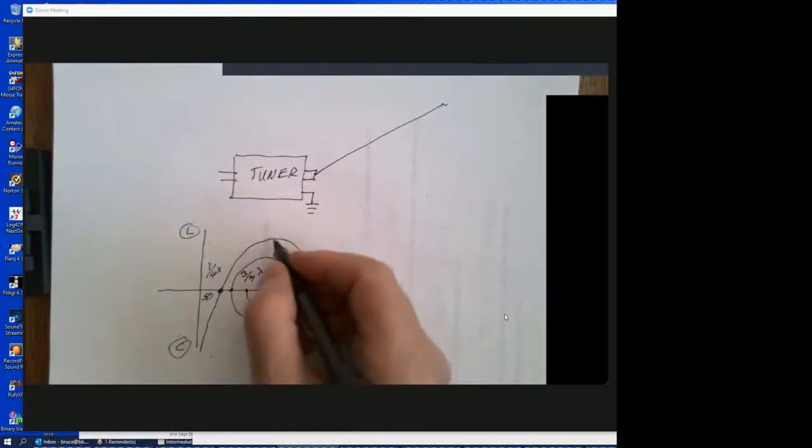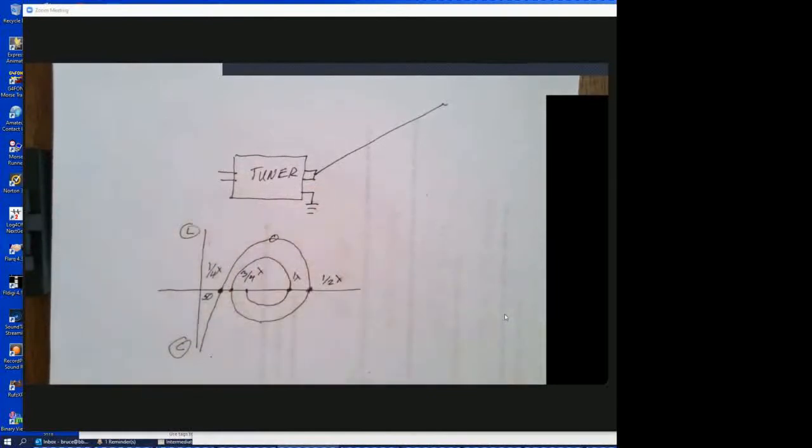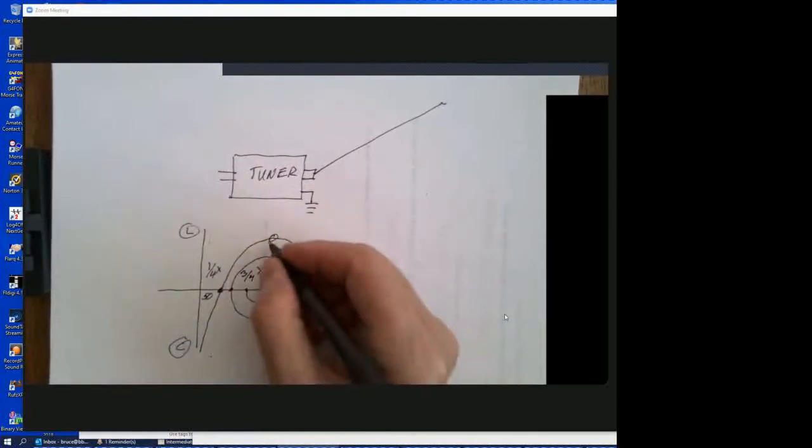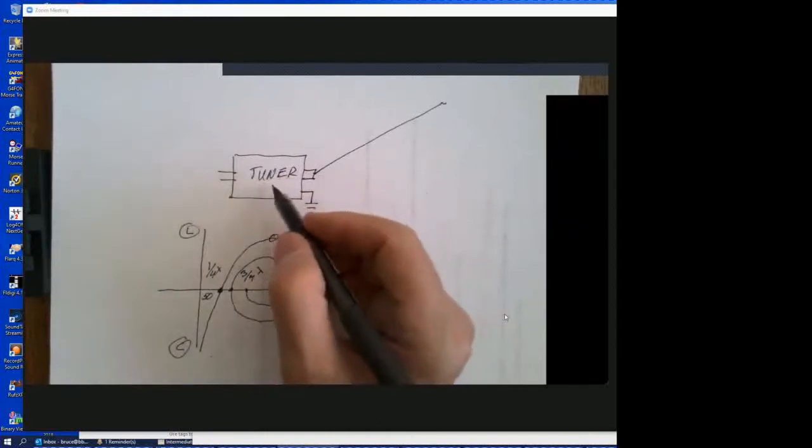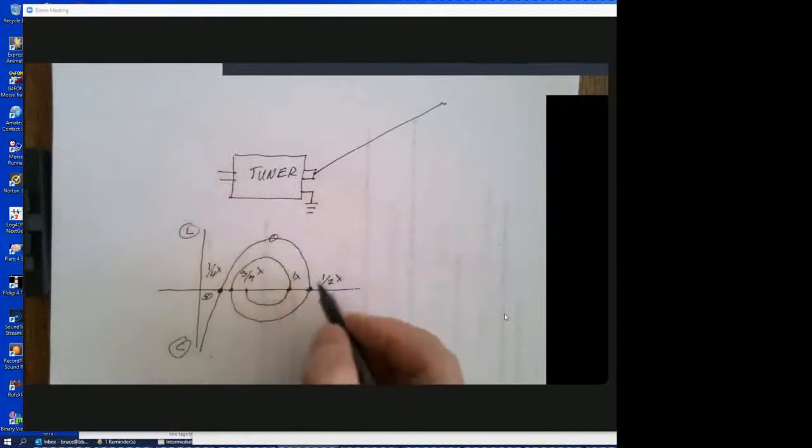And what can happen, especially if you hit this one, let's say this is 160, you're putting a lot of strain on your tuner. You can get very large voltages inside, especially if you're running high power, and you can get flashover. Okay, so be aware of that when you're choosing.